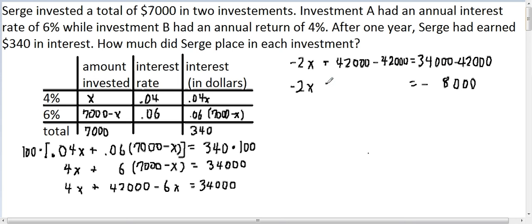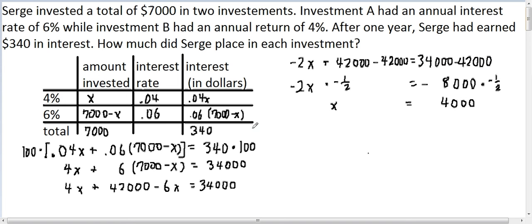And we can multiply both sides of the equation by minus 1/2. Then we get x is equal to, the minus signs will cancel out, 8,000 divided by 2 is 4,000. So x equals 4,000. So that's the amount that Sergey invested in the 4% investment.